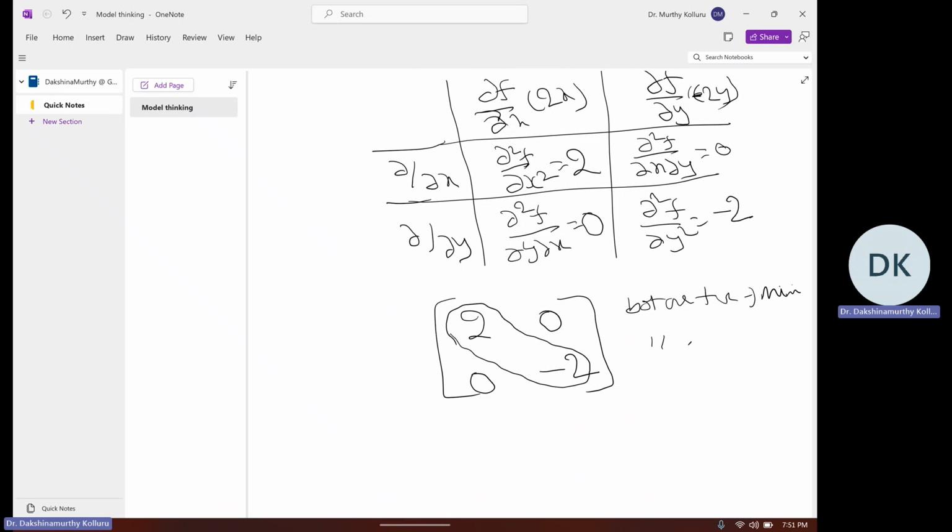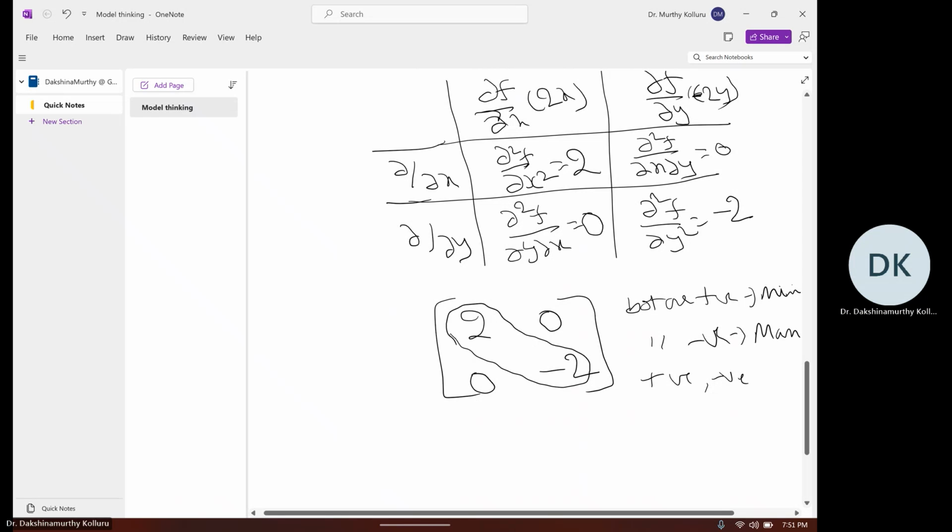If both are negative, it's a maxima. If one is positive, one is negative, it's a saddle. If one of them is equal to 0, we can't conclude. This information is not sufficient to tell whether it's a maxima or a minima.